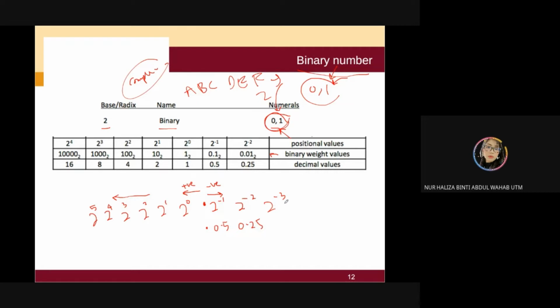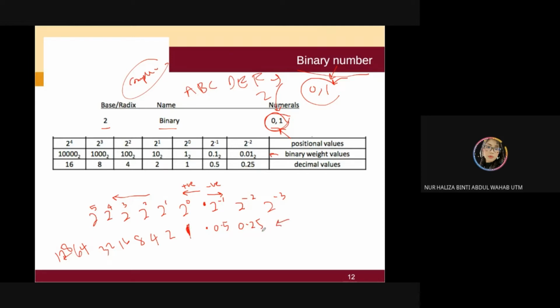This one, I don't know, maybe you can check, 0.75, isn't it? Or over here is 1, 2, 4, 8, 16, 32, and then there is 64, 128, I guess. Okay, this is your left side, and this one is the decimal value if you convert.